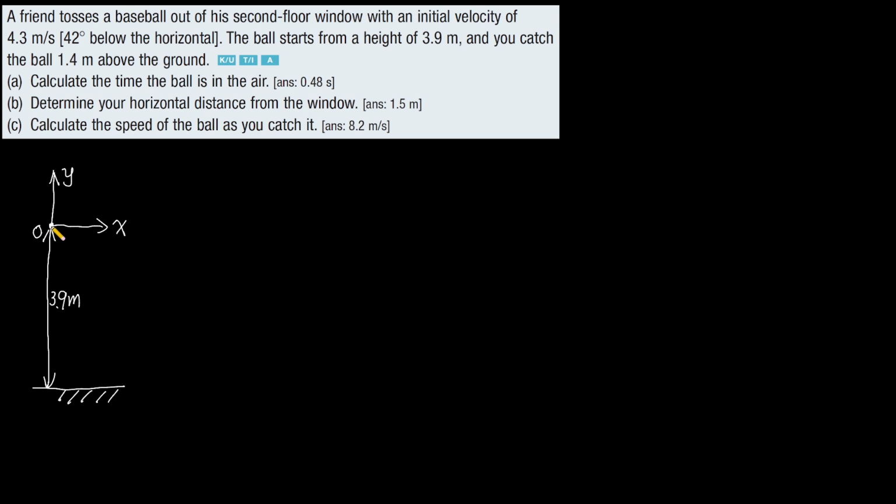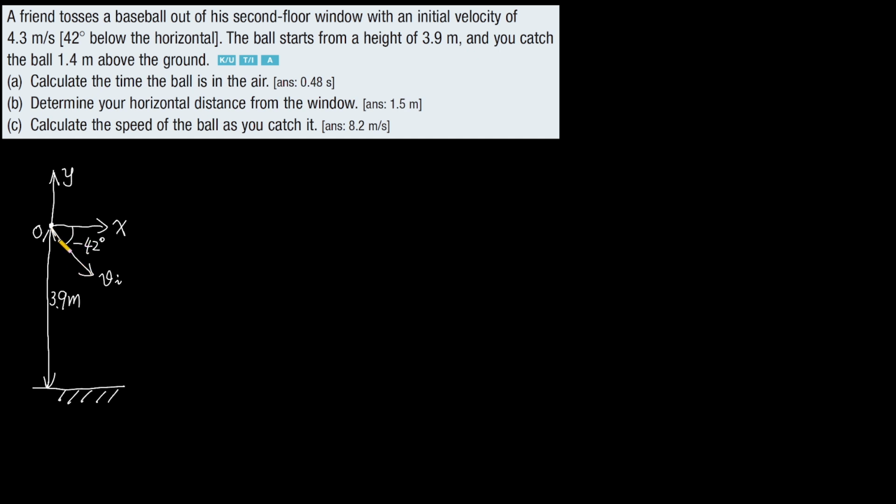And this is the initial velocity of the ball. And this angle is negative 42 degrees. I set it as negative because it's below the horizontal direction.